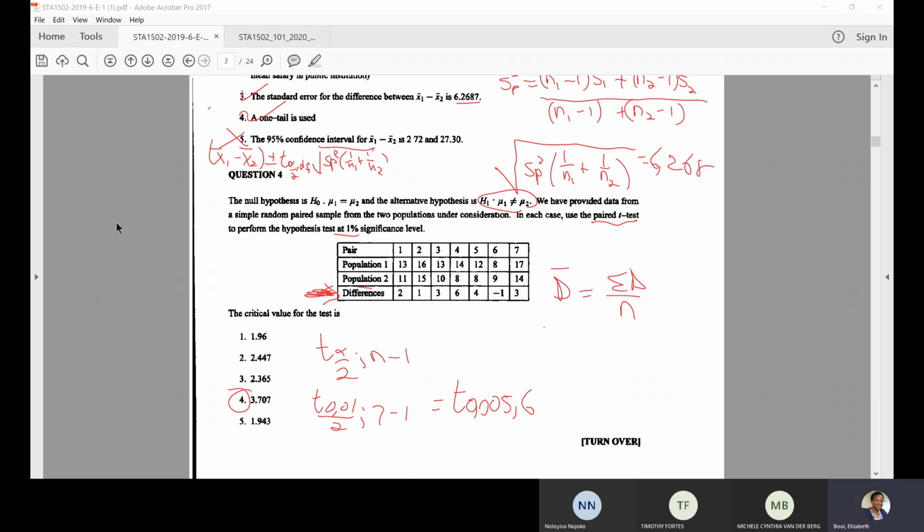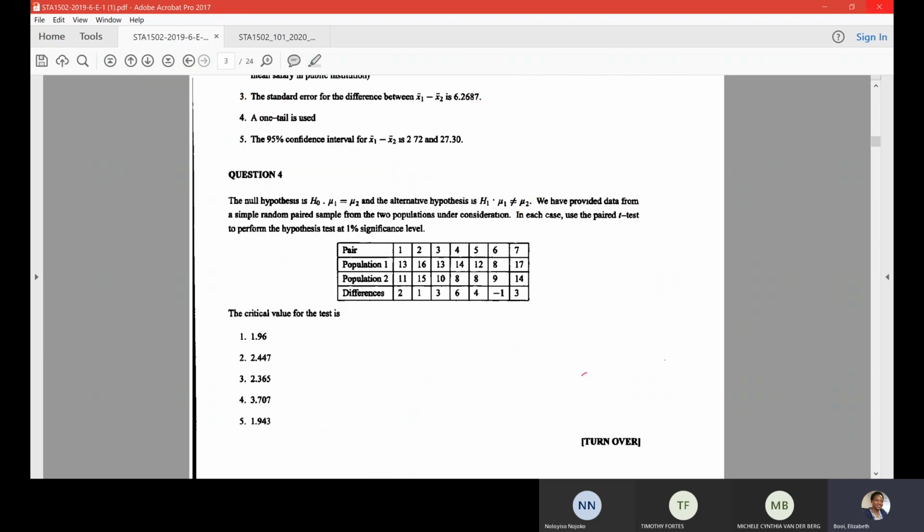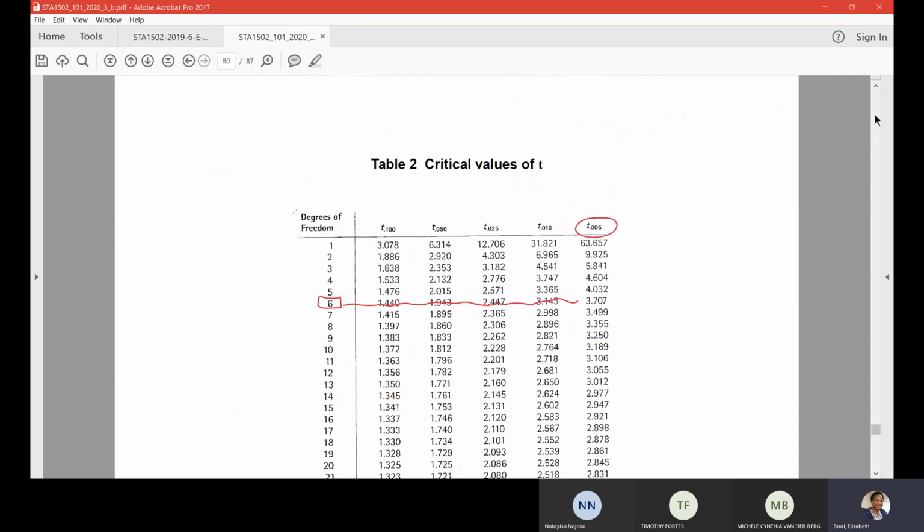Not only the mean, you also need to calculate the standard deviation, which is the square root of the sum of your differences minus the mean difference, squared, divided by, do we divide by, sorry, I need to go to the formulas.